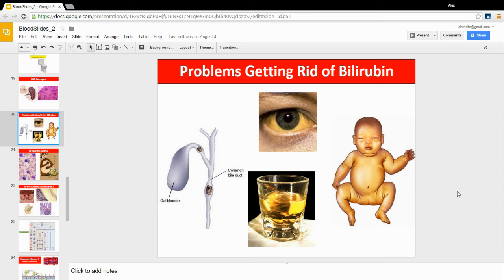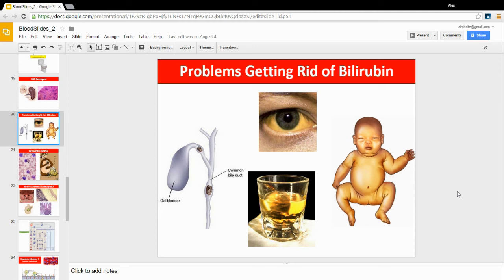If you're an alcoholic, you're damaging your liver. Your liver can't metabolize the bilirubin the way it normally would, and you can become jaundiced that way as well, because the liver can't deal with the bilirubin being brought to it from the spleen by albumin.